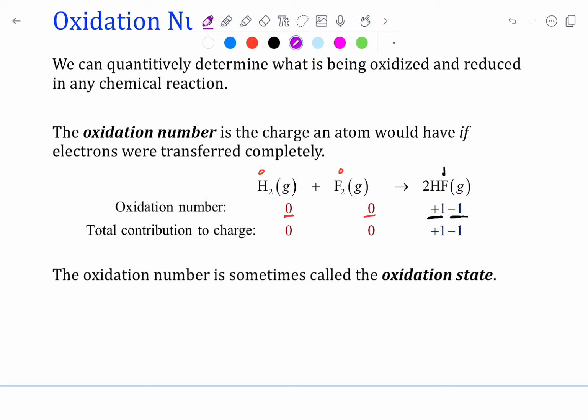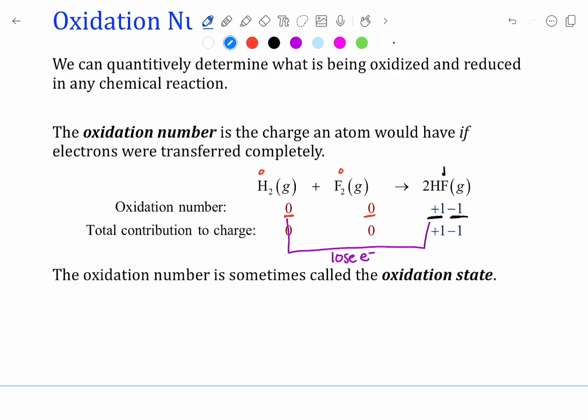Hydrogen went from 0 to +1. If we went from a charge of 0 to a +1 charge, we had to lose electrons. If we become a cation, we lose electrons. That's our definition of cation. If I got a +1 charge, I lost electrons. I have more protons than I do electrons now.